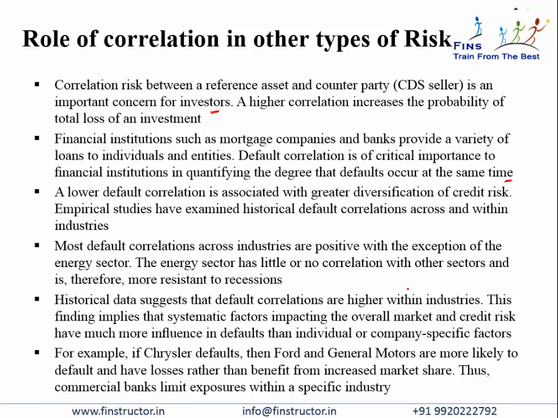There are many studies that have been done which have examined the default correlations across industries, within industries, and amongst loan types. Most default correlations we've seen are positive, with the exception of the energy sector. We've seen that when the energy sector defaults, it doesn't mean that other sectors will also default.